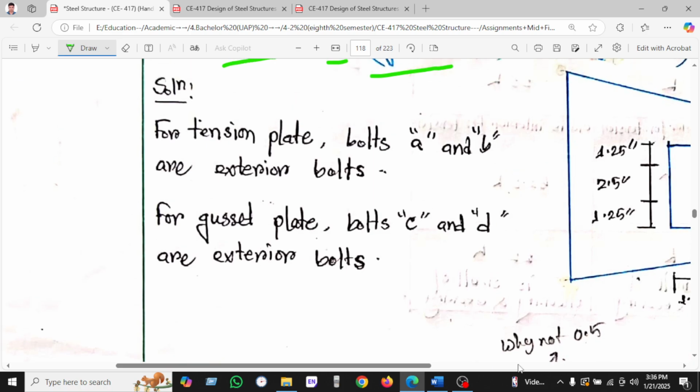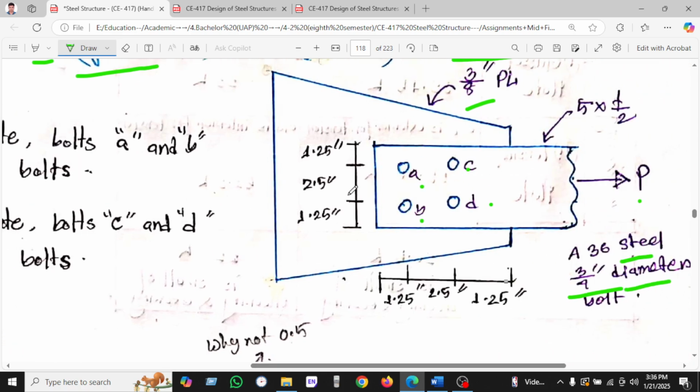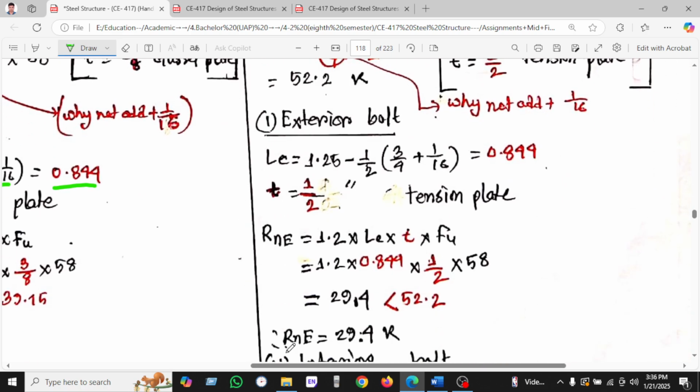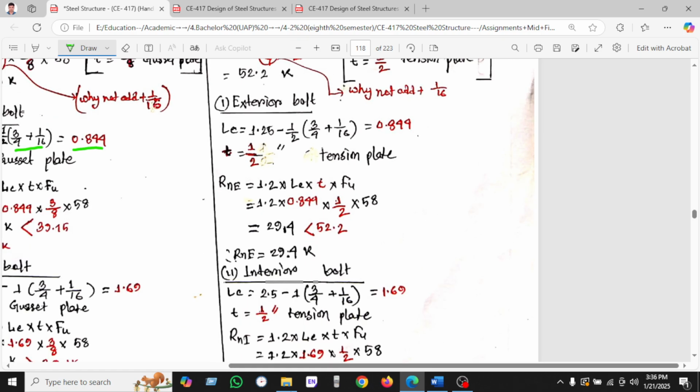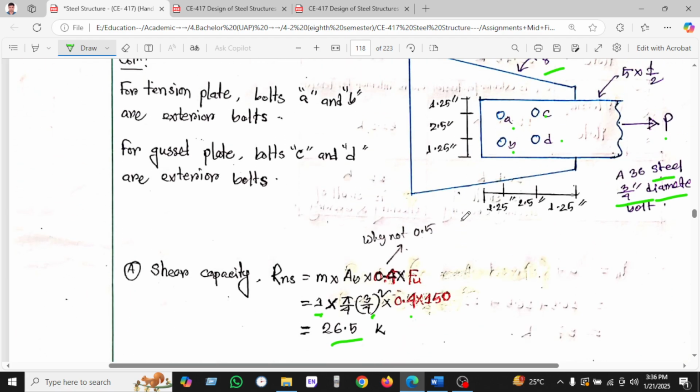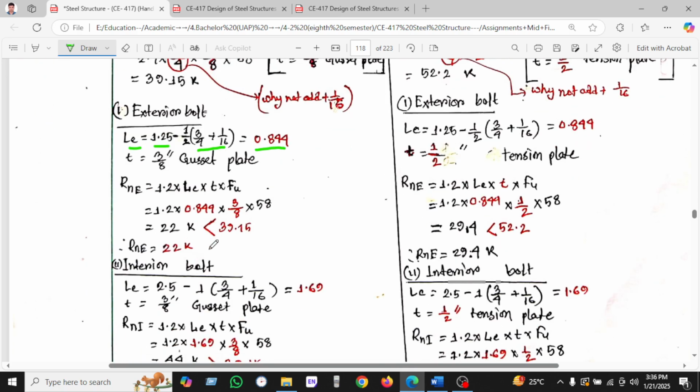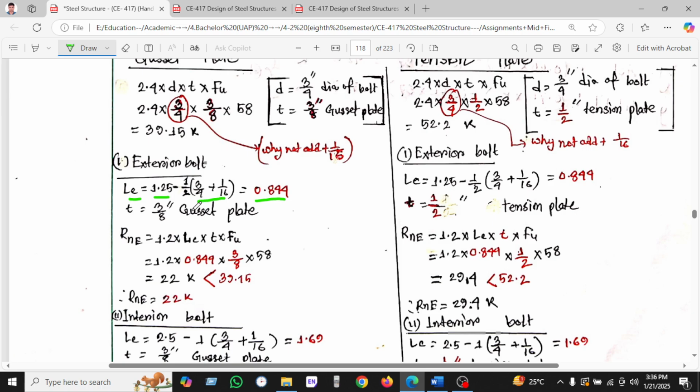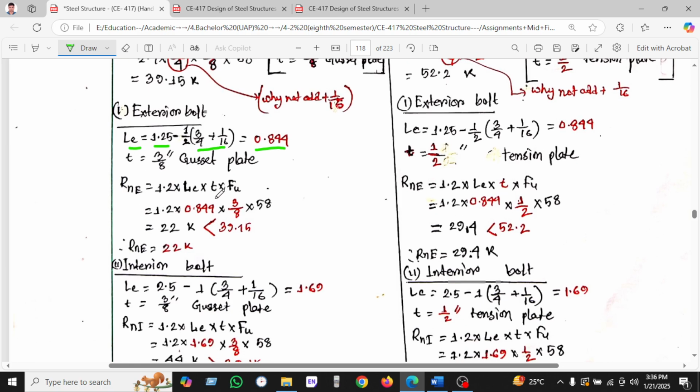So if we go to this here, then we can find the value of Lc. 1.25 as we have been seeing, 1.25 is given here, minus half of the bolt diameter plus the hole clearance: the diameter of the hole is 3 by 4 plus 1 by 16. So for the gusset plate, the thickness is given as 3 by 8, Rn equal to 1.2 Lc into t into Fu.